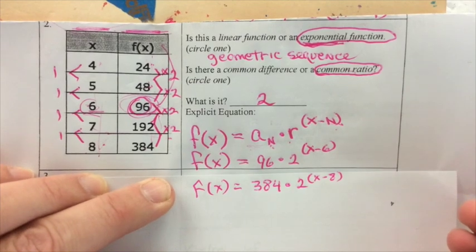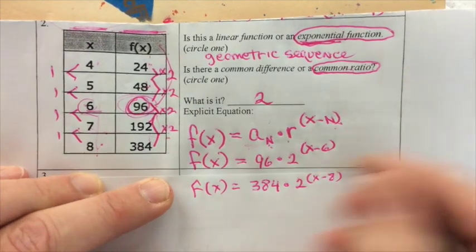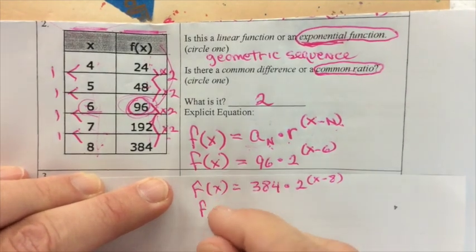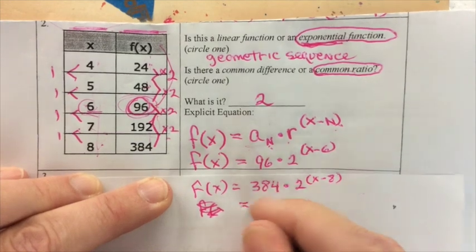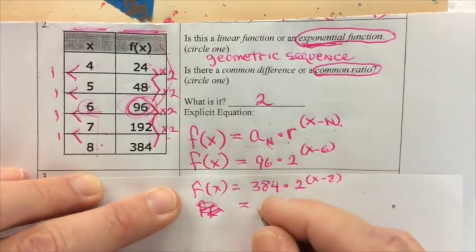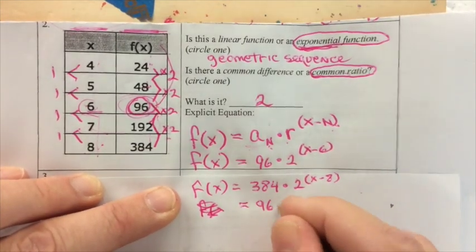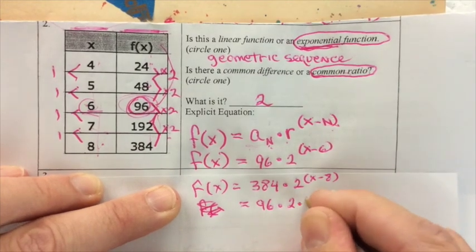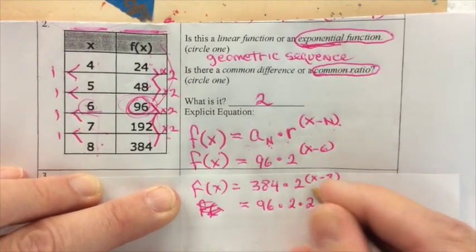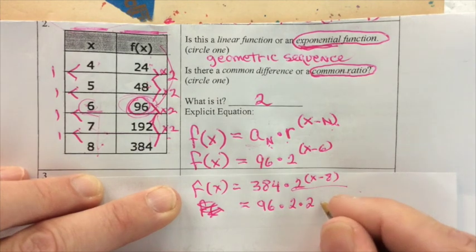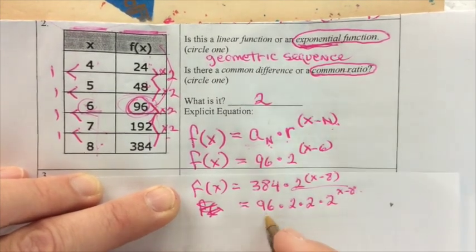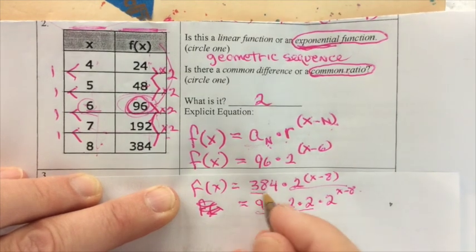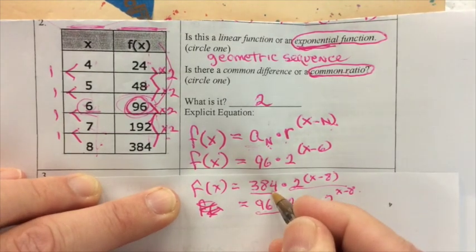Are these the same thing? Yeah, they are. How do I know? Well, take a look. Let's just work with this one here. 384, that's 96 times 2 times 2, and then 2 to the x minus 8. So this number here is the same as this number here. Are we okay with that?